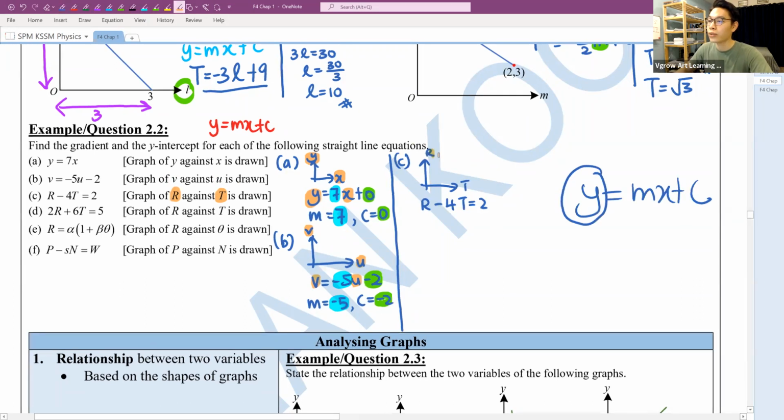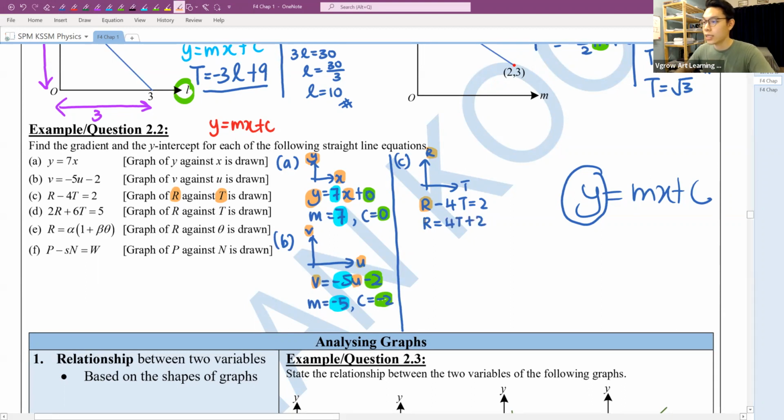The R should be alone for this question. If it's not alone, what you need to do is move the minus 4T over, it becomes plus 4T. The 2 is plus 2.